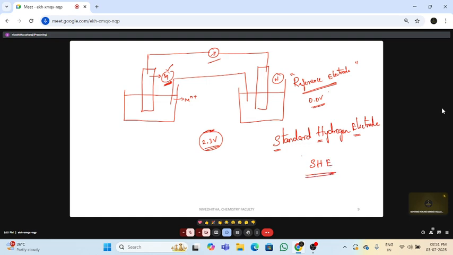The electrode potential of SHE is 0.0 volt. Since it is standard, I've represented it with a naught. Since it is an electrode, the representation is E naught, and the standard electrode potential of SHE is 0.0 volt. You're getting my point now? So you can connect any unknown metal with SHE, and you can find the electrode potential of it.